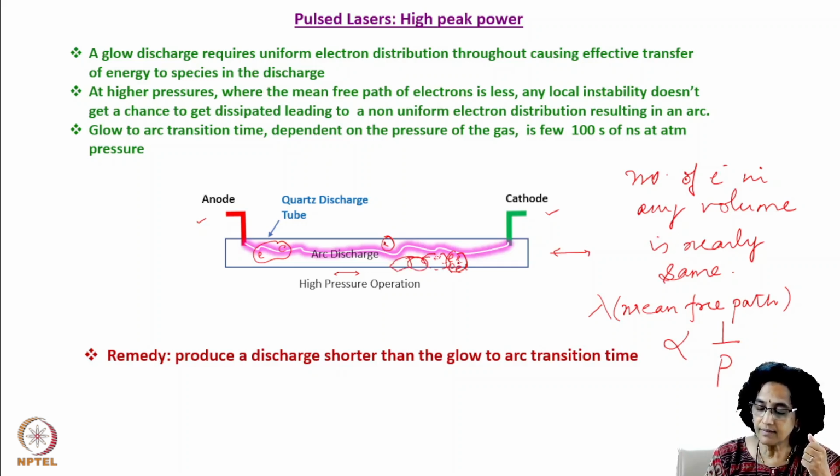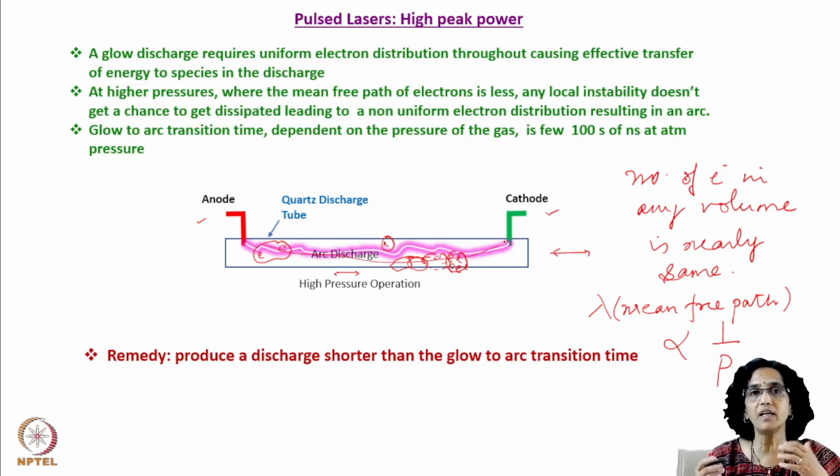So these electrons, before they can diffuse out into the other volume, create more and more ionization in a very localized region, and therefore the current that flows will be highly localized. This is called an arc discharge. Why is it localized?